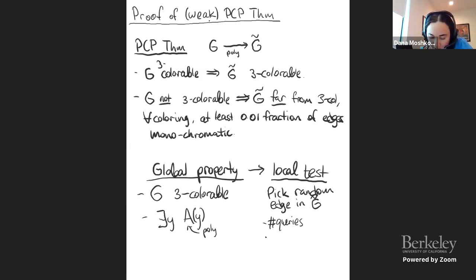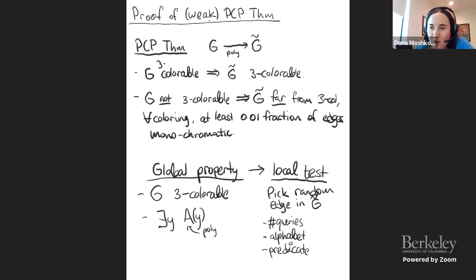It can be different in what we call the alphabet, which here is the number of colors, and it's 3, but the alphabet can be larger, and it can differ in which predicate you test. So here it's whether the edge is bichromatic or not, but it could be any predicate you want on those queries that you make.